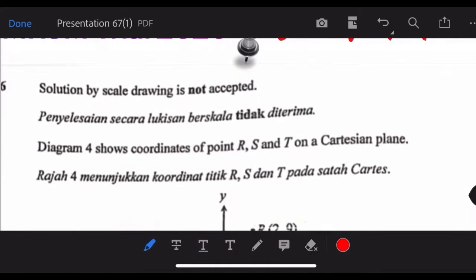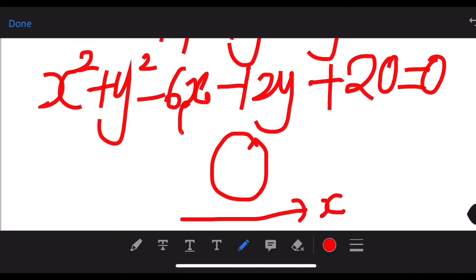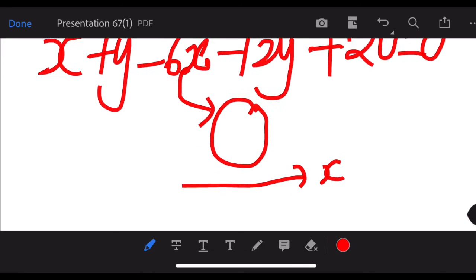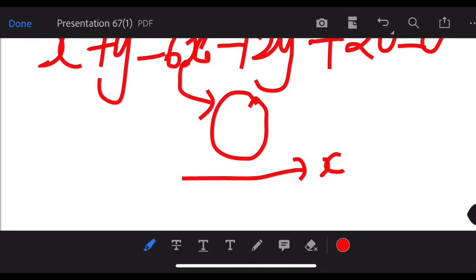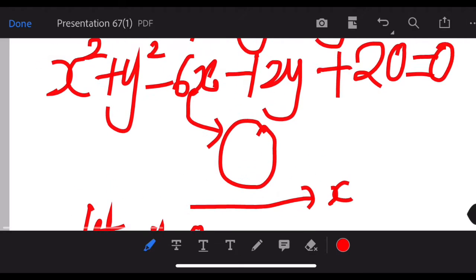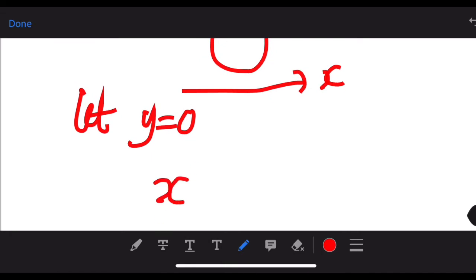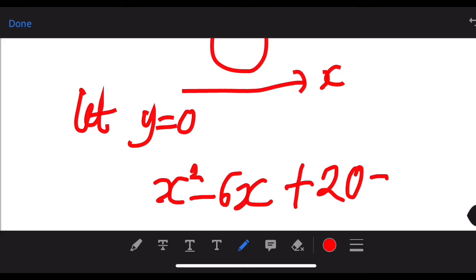Does not intersect, right? So you go back to the equation just now. This is the equation of the locus. Because the scenario is that it does not intersect the x-axis, we will let y equal 0. Substitute y equal 0, we will have x squared minus 6x plus 20 equal to 0.